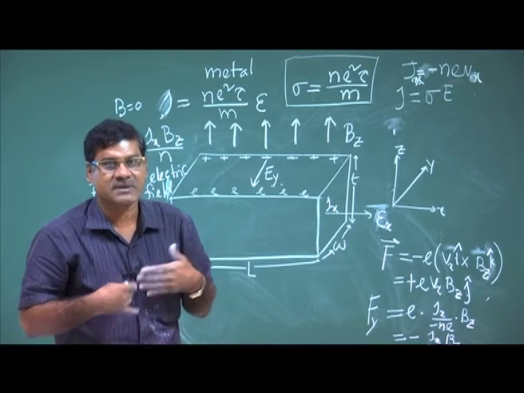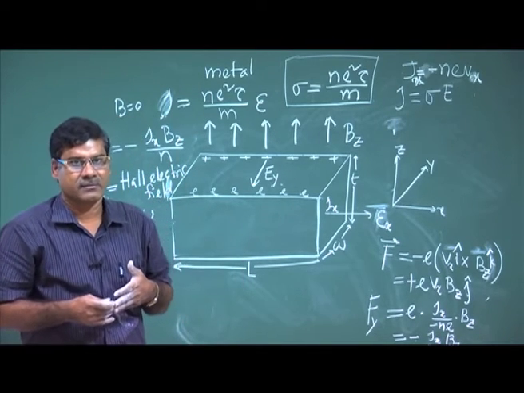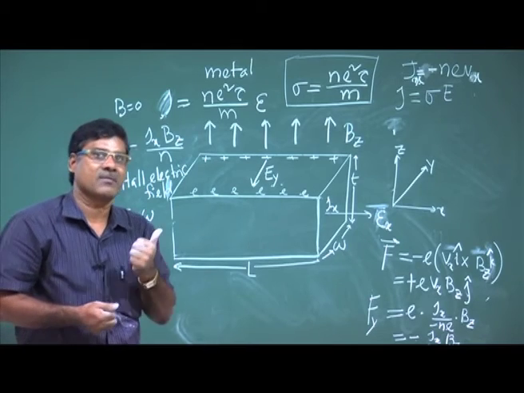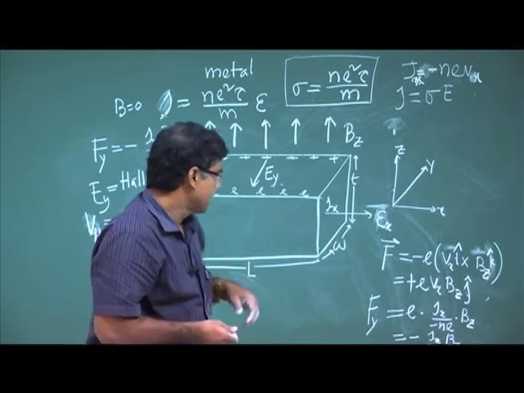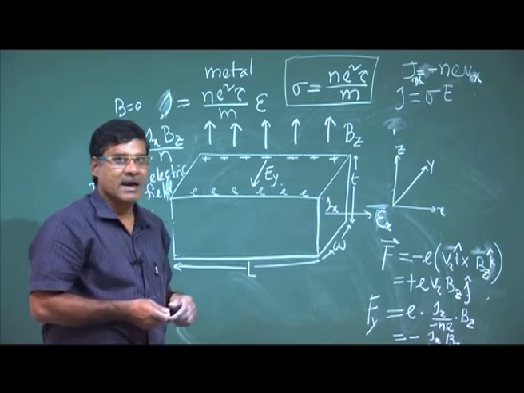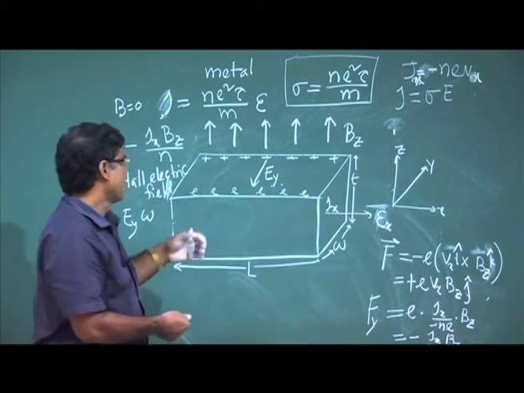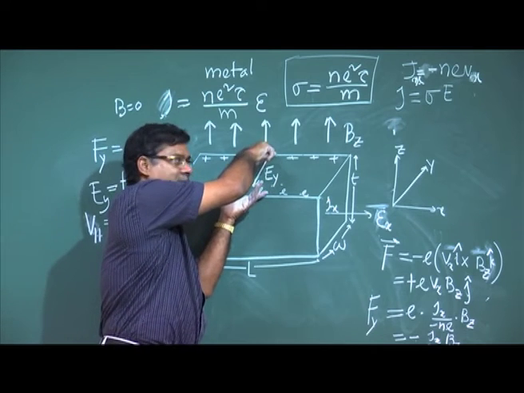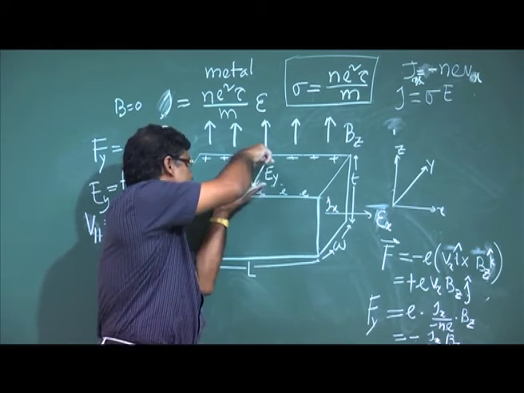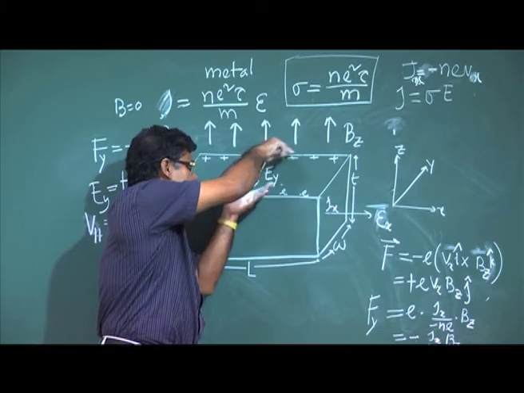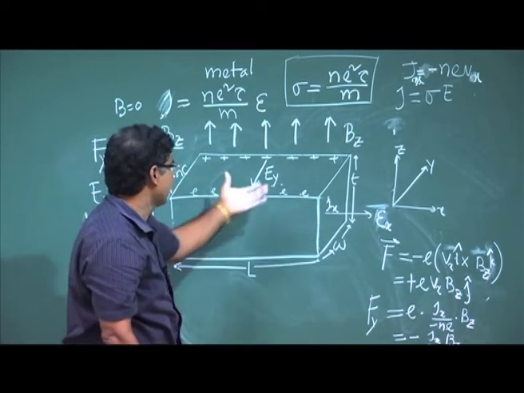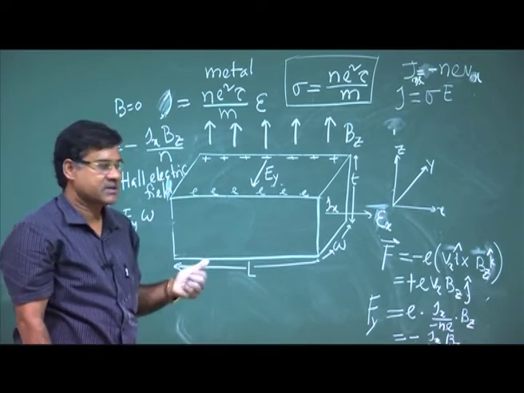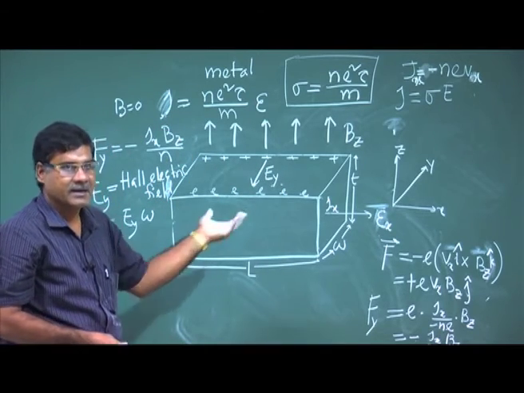So, there should be some steady state, and for this steady state we need some opposite force on this charge. So, that opposite force basically will come when this Hall voltage or Hall electric field is formed here, or generated here.